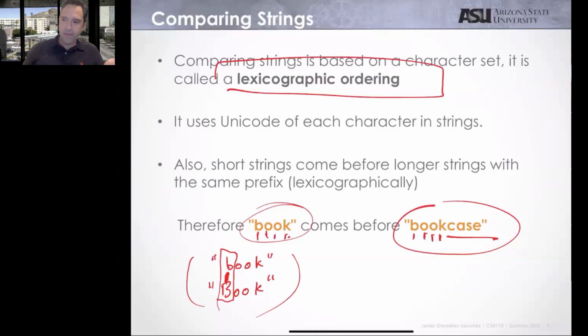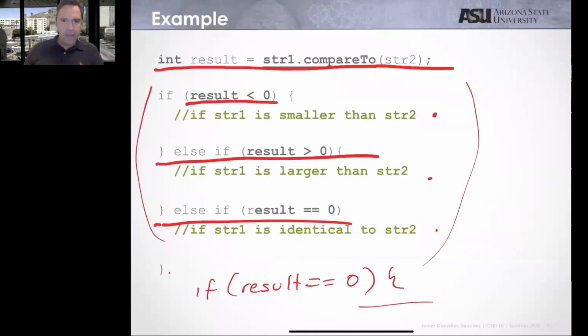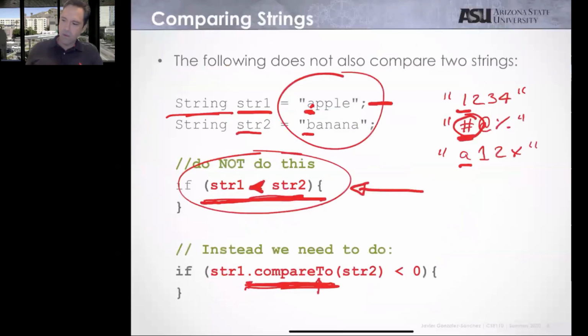My advice, put this in a method, put this in a class with the main, and play with different values for string 1 and string 2, these two variables. Play with these methods.